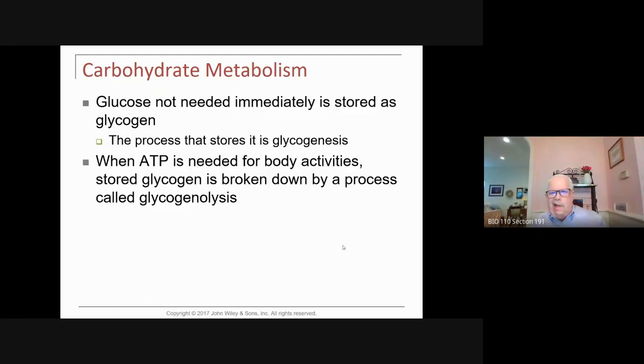Glucose that is not needed will be stored. And it's stored as glycogen. And that process is glycogenesis. When ATP is needed, the stored glycogen is broken down by a process called glycogenolysis. So know the difference between glycogenesis and glycogenolysis.